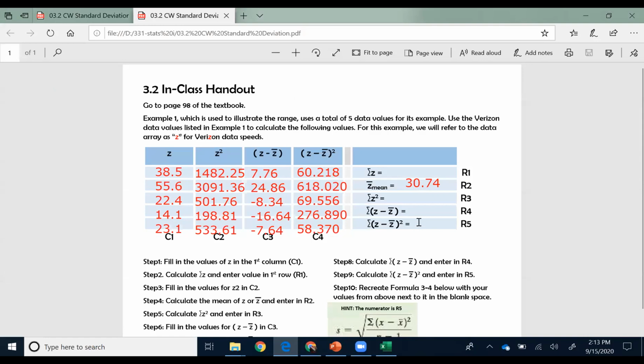So let's go back here. The value here would be 1083.054.